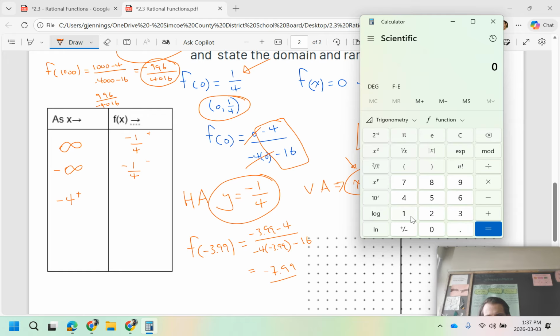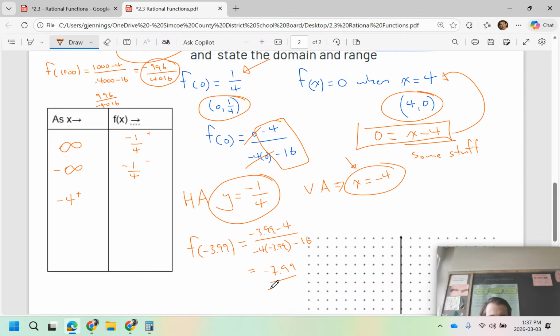I know what it is, but I'm pretending I don't. 4 times, but it's negative, multiplied by 3.99, but it's also negative, equals that minus 16 is, I get negative 0.04. So am I going to positive infinity or negative infinity? Positive.